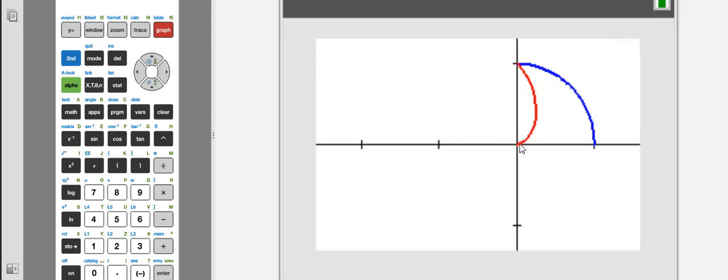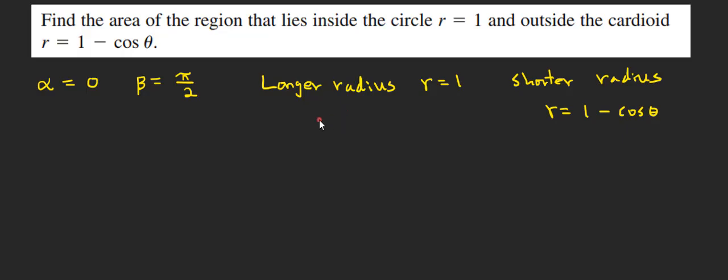And again, our longer radius will be r equals 1, and our shorter radius is r equals 1 minus cosine theta. So based on this information, now we could have a setup to find the area that we want.